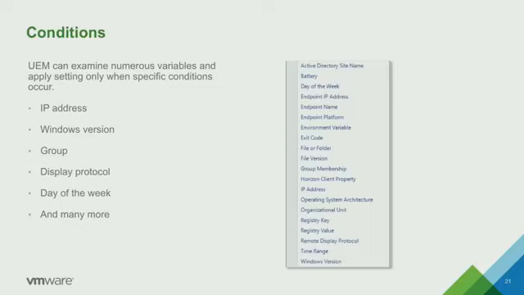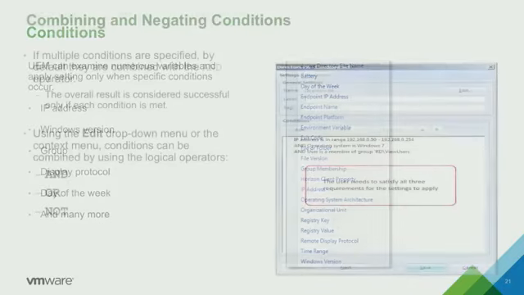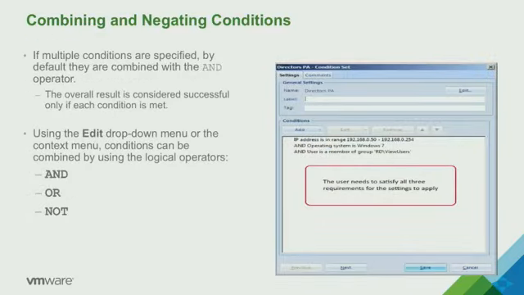So for example, you can look at the IP address of the system or what Windows version they're running, group membership, the day of the week, and many more as you can see in the list there. You can also combine those conditions. We have the AND operator, we have the OR operator, and you can NOT either one of those. So in the example there, you can see there are three conditions we're looking at.